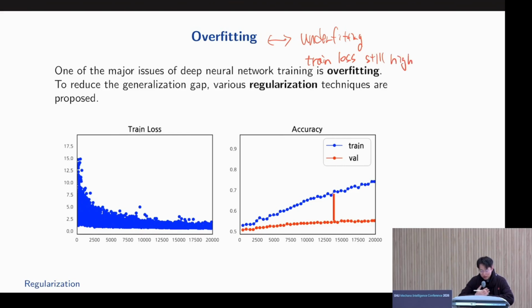So you don't even learn from the training data, let alone generalize to previously unseen data points. Overfitting, on the other hand, is when your training loss is small, but the model doesn't generalize to previously unseen test data.